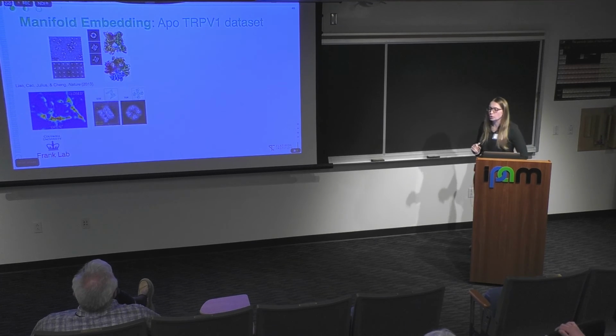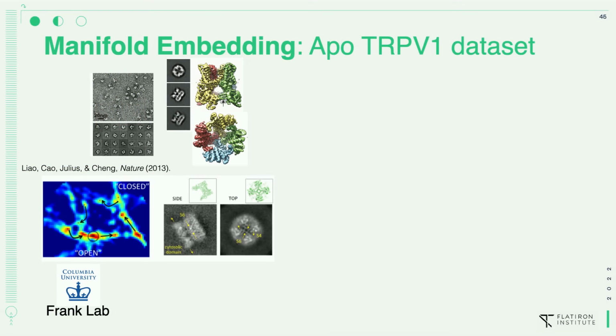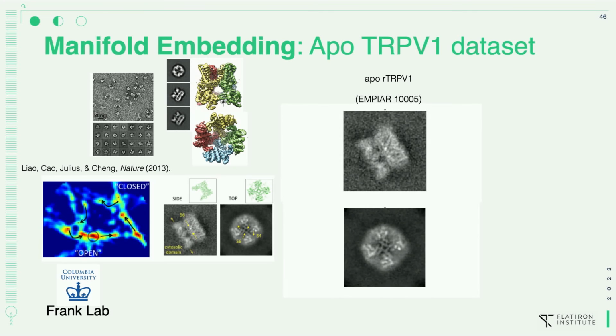Okay, and so I applied manifold embedding to the original Apo TRPV1 data set. We were able to build a pseudo free energy landscape and see motions, but not build volumes. The resolution across this landscape was too low to do this.